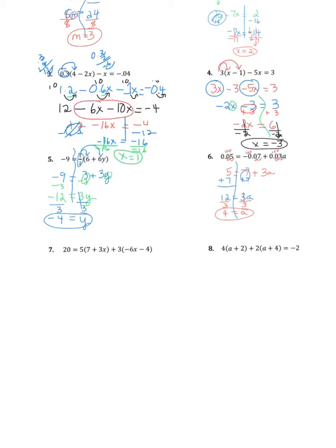Hold on a second. 33. Minus 12 is 23. There's the 23. And that's a positive 23 equals 20.